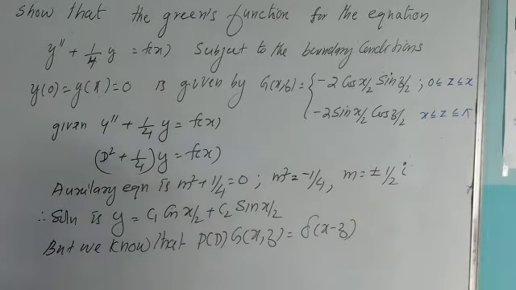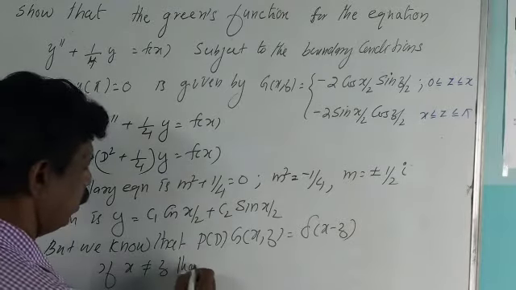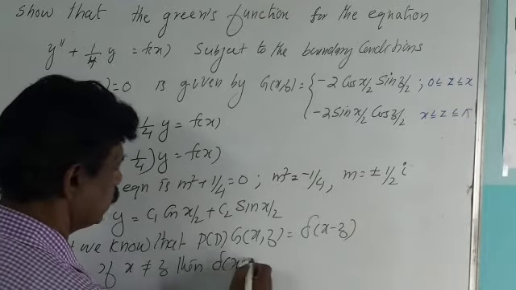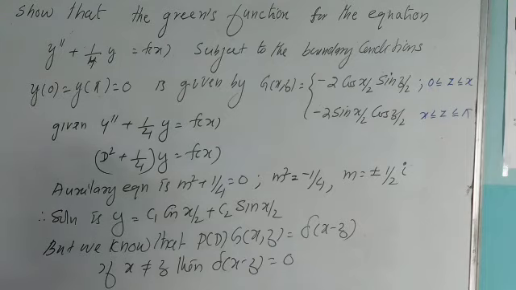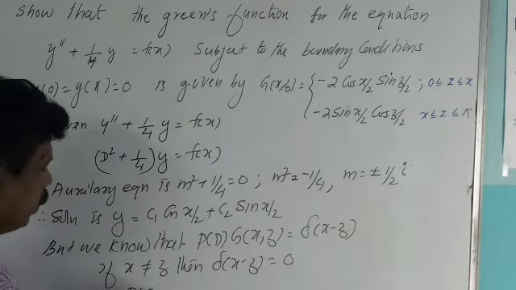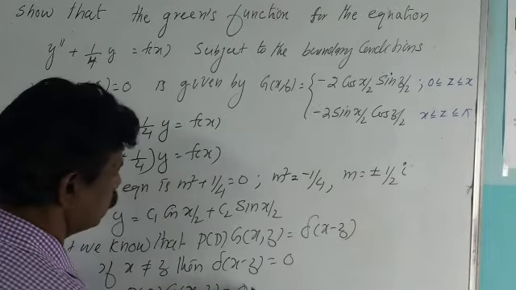If x not equal to z, then the Dirac delta function of x minus z is equal to 0. That means P D of g of x is equal to 0.